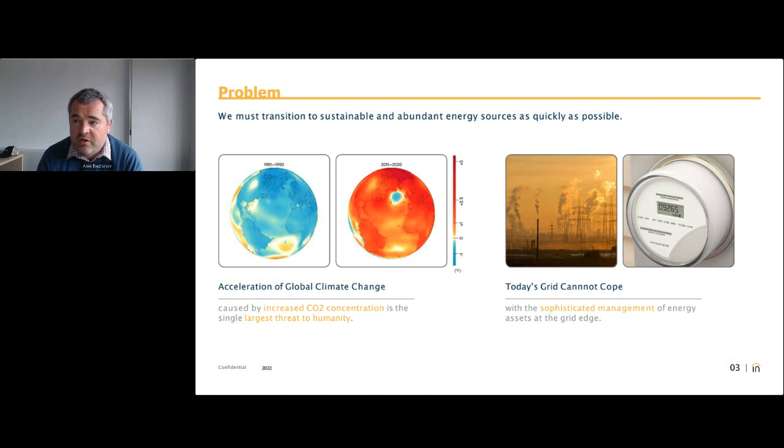The grid has to develop the ability to manage the edge of the grid, traditionally called behind the meter territory, which is really inside your house, inside your building, all these end appliances, all these behind the meter solar and storage systems.